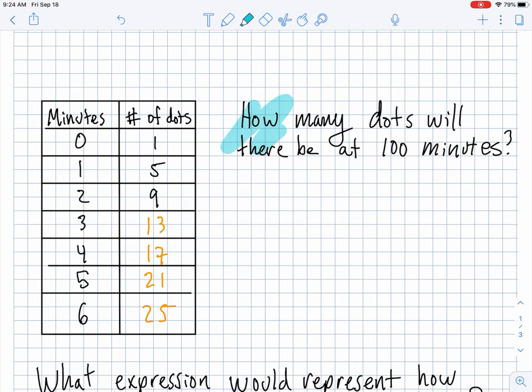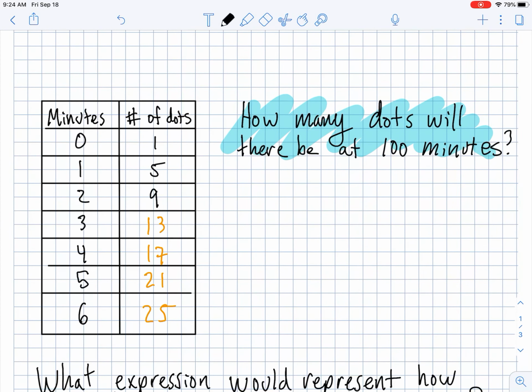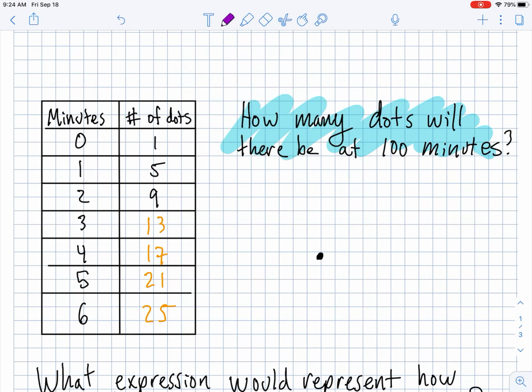Then this question here says, how many dots will there be at 100 minutes? So I think of this kind of visually, that if you start with your dot in the center, and then you have these big diagonals full of dots, like there's a bunch of dots in here, and a bunch of dots coming off here, and a bunch of dots coming off here.